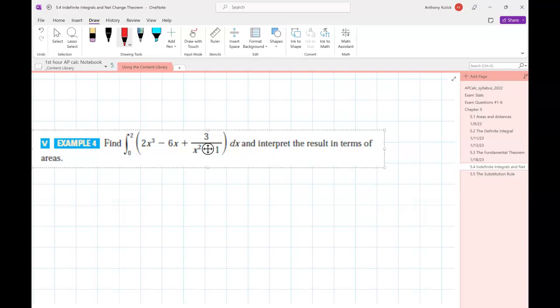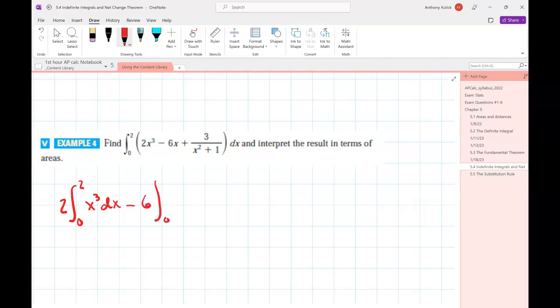So the first thing I'm going to do is distribute the integral through and pull the constants out front. Does that all look okay to you guys, what I did there?